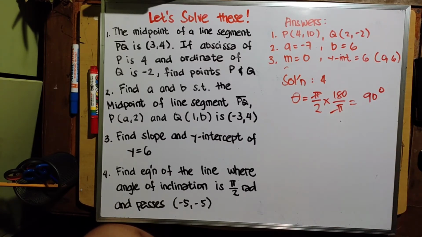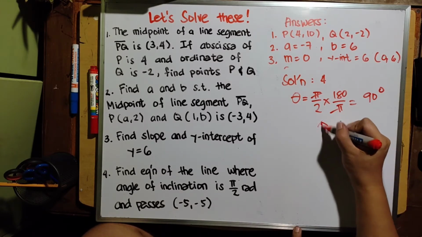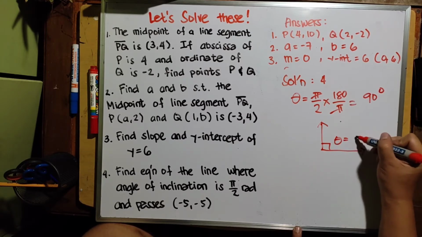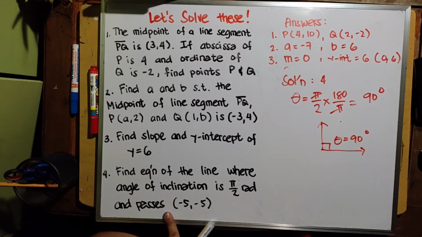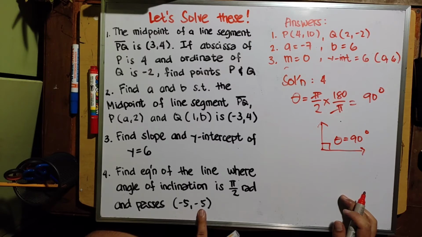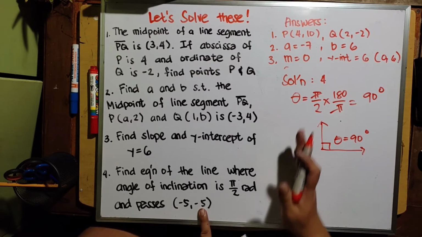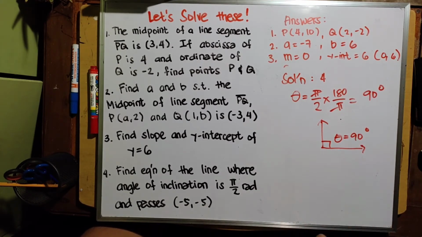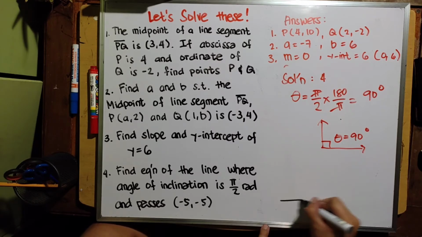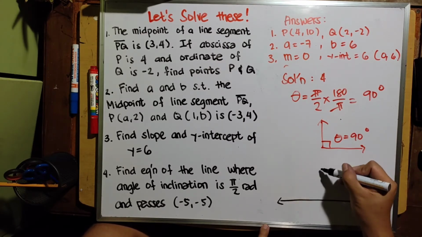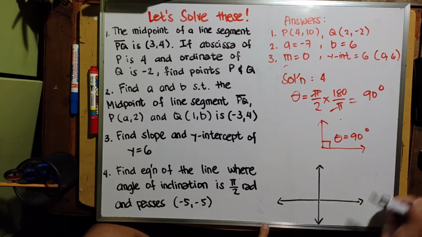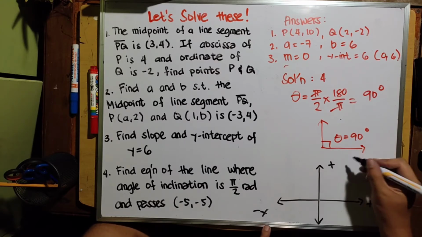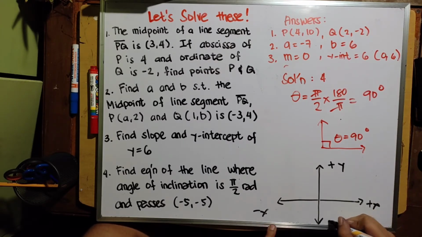So, the angle of inclination is 90 degrees. Technically, if we graph that, this is the angle of inclination, 90 degrees. And it passes (-5, -5). So, meaning, our line is a vertical line and it passes (-5, -5). If we graph that, this is positive x, negative x, positive y, negative y.